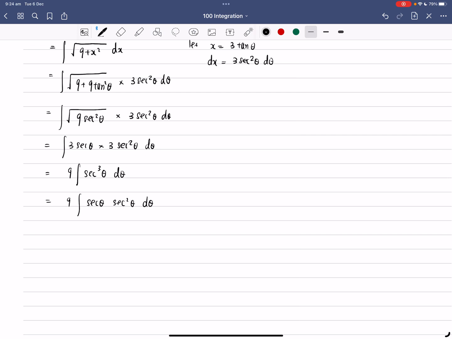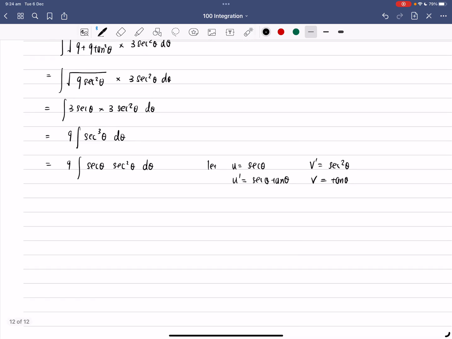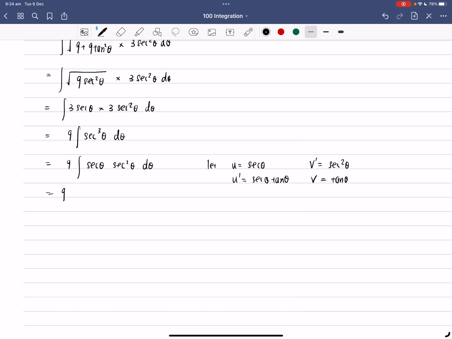We're going to use integration by parts. Let u equal secant theta, and u dash is equal to secant theta tangent theta. v dash is equal to secant squared theta, and if we integrate secant squared theta, we get tangent theta for v. Now we use integration by parts.